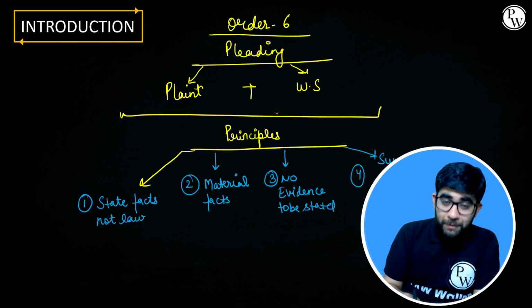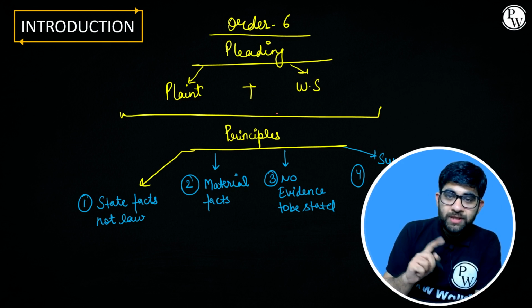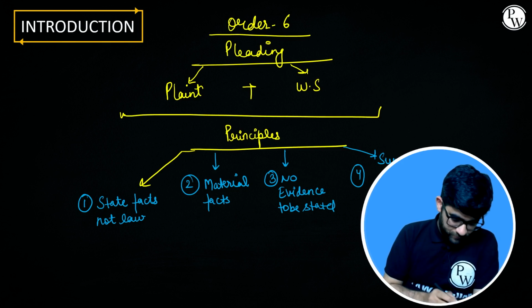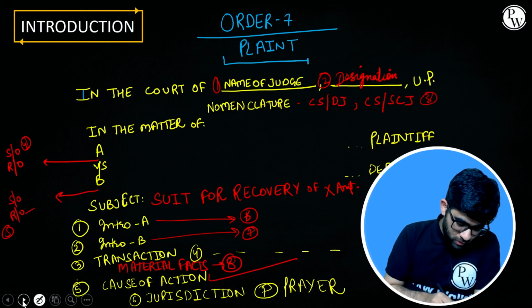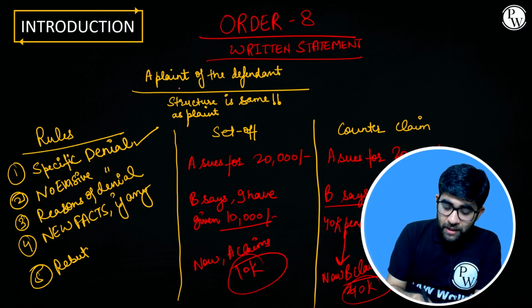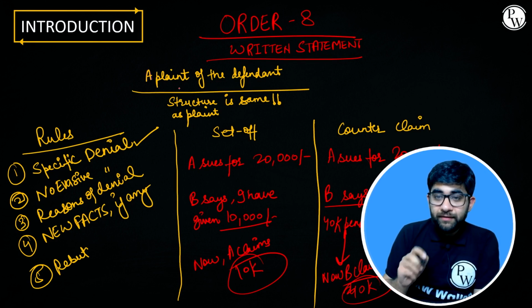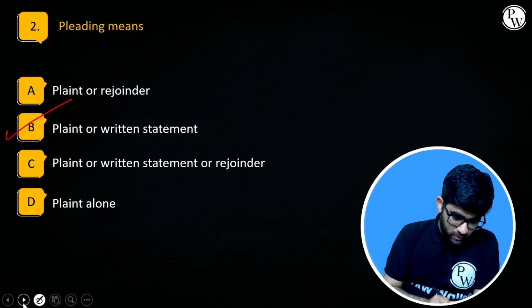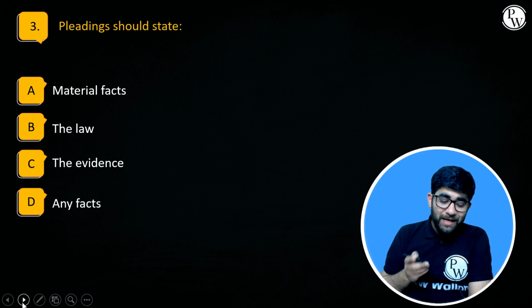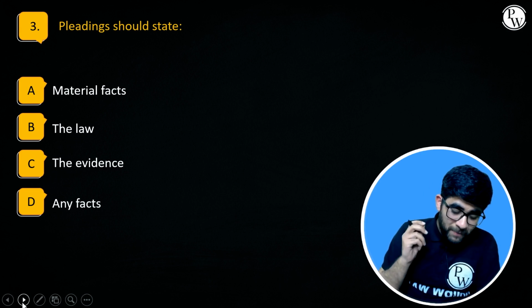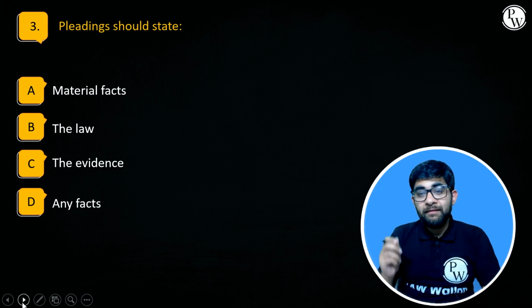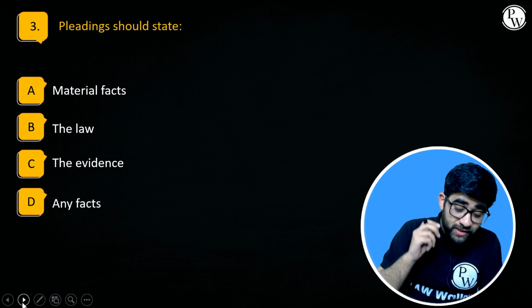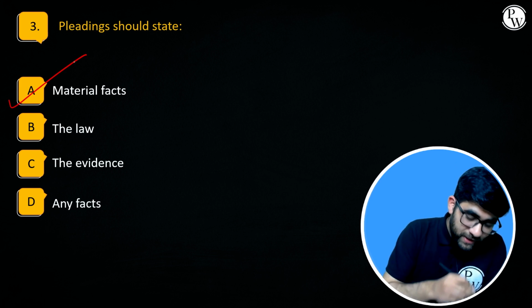This is plaint plus WS. तो इन दोनों में से कुछ भी हो सकता है pleading. Also, I have also told कि written statement is a plaint of the defendant. Next shall be pleadings should state material facts, the law, the evidence, or any facts. The plaint should state only the material facts.